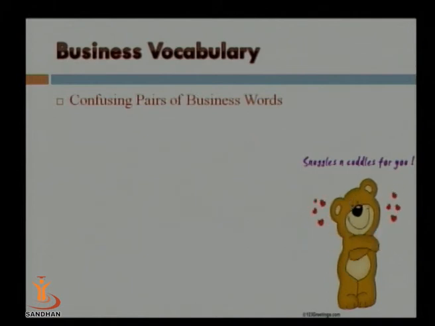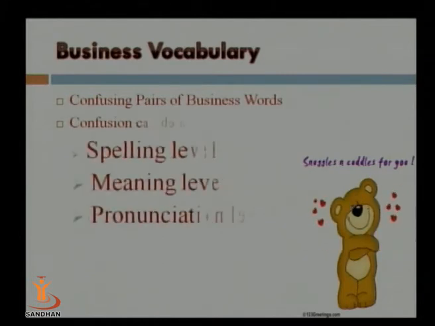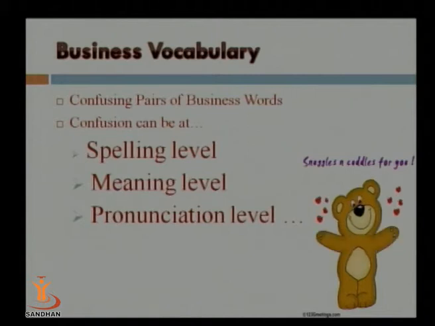Now, confusing pairs of business words. The confusion can be at three levels: spelling level, meaning level, and pronunciation level. So, at any one of these levels, or on different layers, there can be confusion.